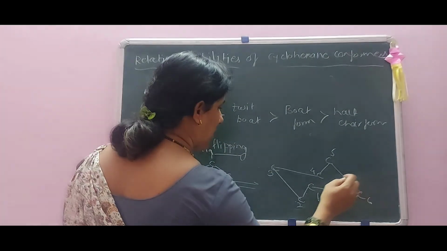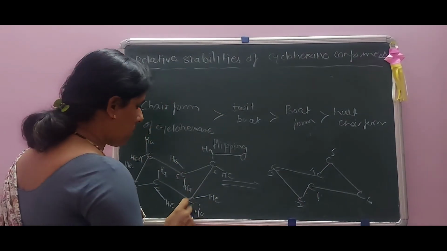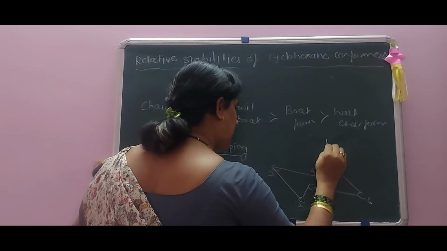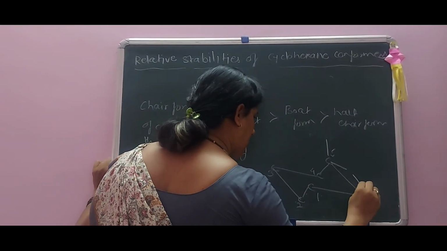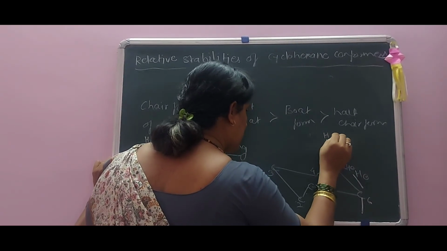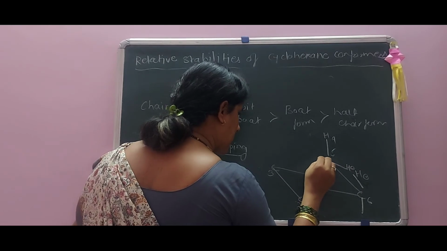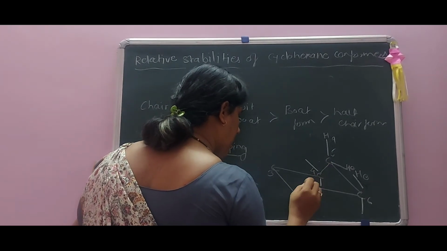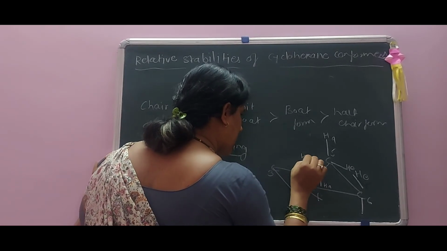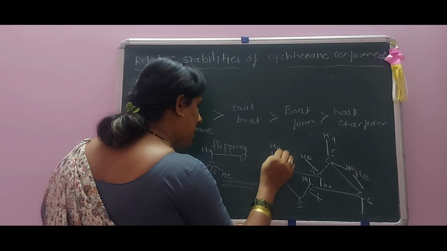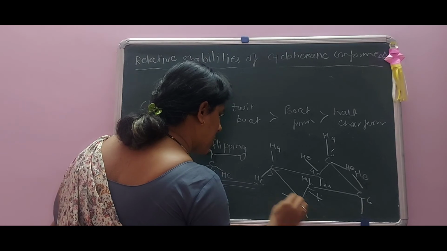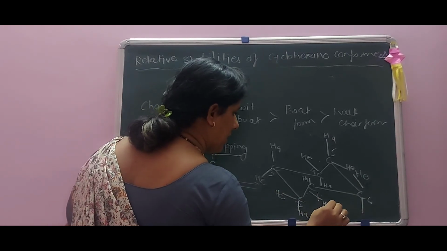See here. Now we can start from here, with carbons 1 and 2, eclipsed, and the hydrogens HA and HE as shown.